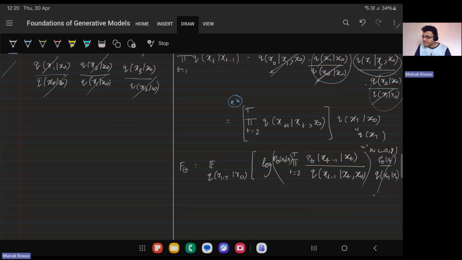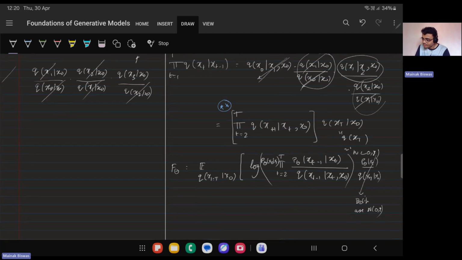So I will assume that these two terms will cancel out because both are normal 0, 1. And even if they are not, these do not have parameters to learn from. The numerator is assumed to be normal 0, 1. The denominator, even if it is not, does not have a parameter to learn from, so you don't have to worry about them. Ideally, they should both be normal 0, 1 as we have shown in the session today, right? So let's now try to see how I can factor them out.